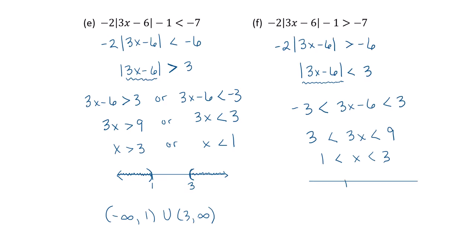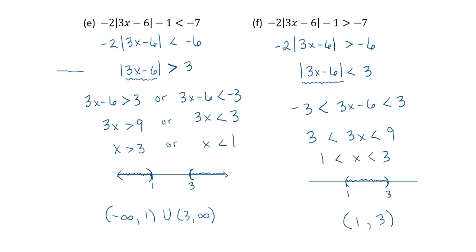And I'm going to graph 1 to 3. X is between those two numbers. And I'm going to use parentheses on the boundaries because of the strict inequalities here. And now in interval notation, I am 1 to 3.